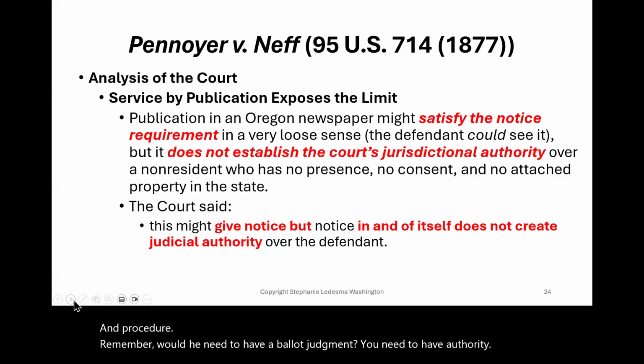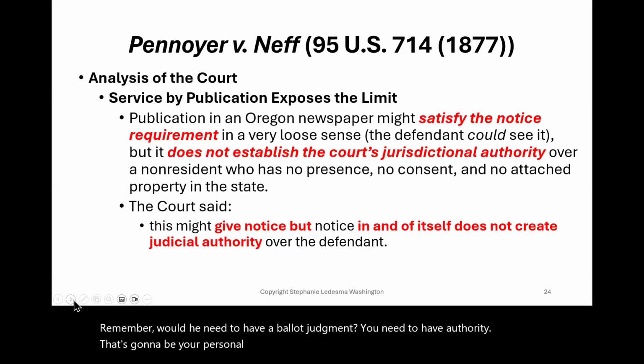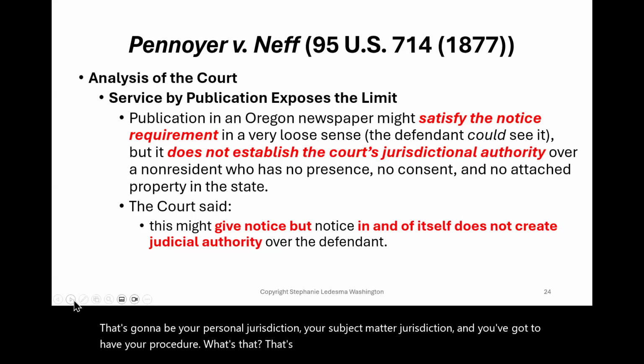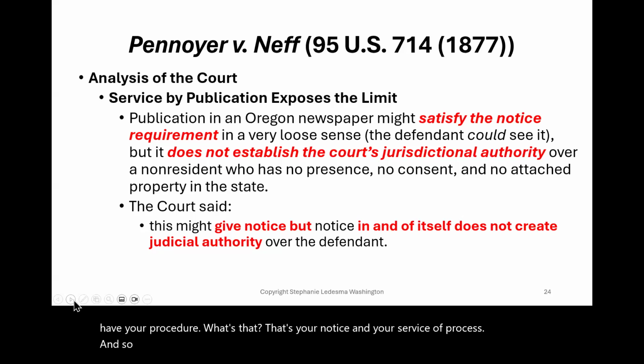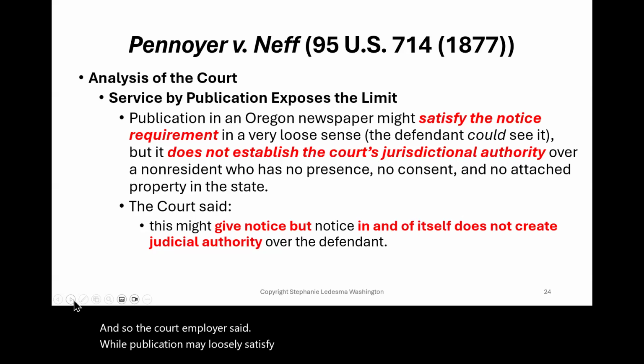That's going to be your personal jurisdiction, your subject matter jurisdiction, and you've got to have your procedure. What's that? That's your notice and your service of process. And so the court in Pennoyer said, while publication may loosely satisfy notice, it does not establish jurisdictional authority.